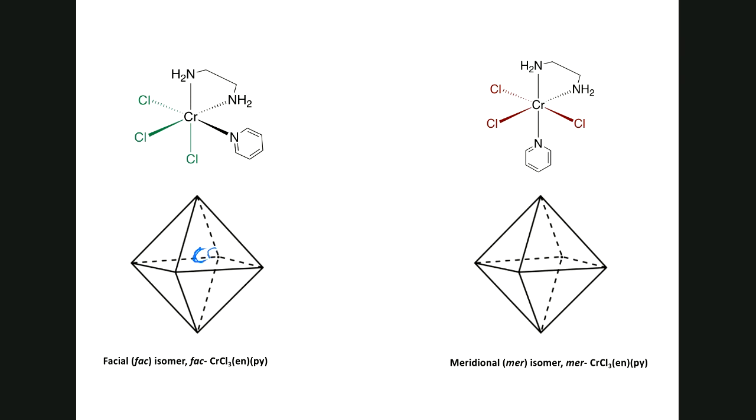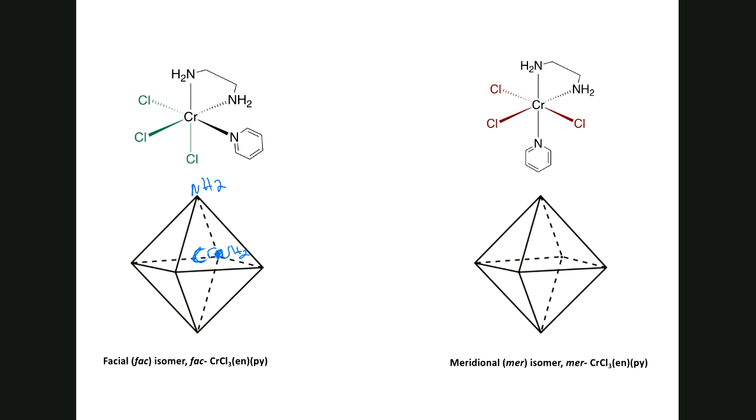Up top, the easiest ones to see are these two ligands on the very top. I'm going to have NH2, right? And then this wedge here is telling me that the other NH2 is going to be to the back, so it's going to be here. So NH2 is at the back over here.